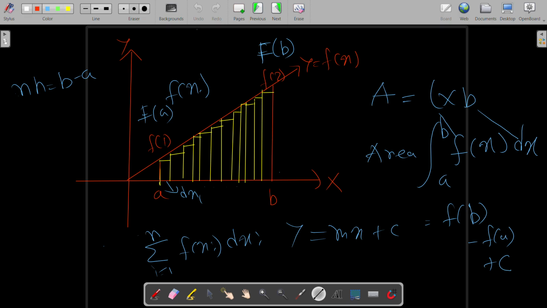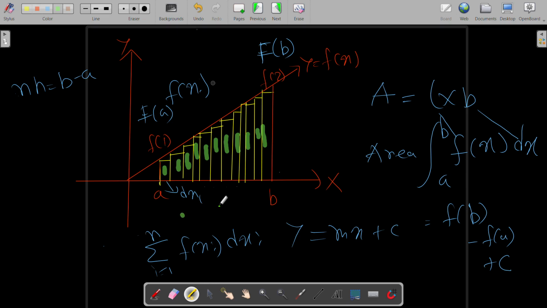Taking out these small strips of rectangles, the total area under this straight line will be the sum of the areas of all these rectangles.